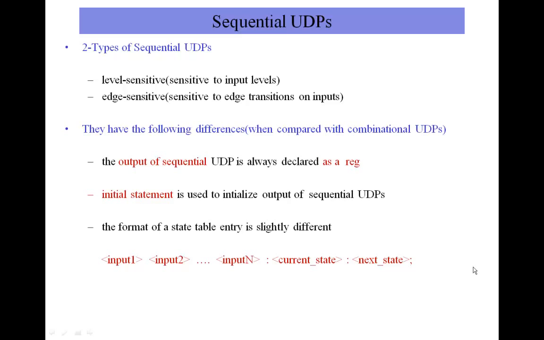If the current state is 0, next state will be 1. Now this 1 has become the current state. Upon the arrival of the next clock, this current state 1 will become 0. That is, next state is 0. So that's why the current state is required in describing sequential UDPs. This is the additional field in a sequential UDP.